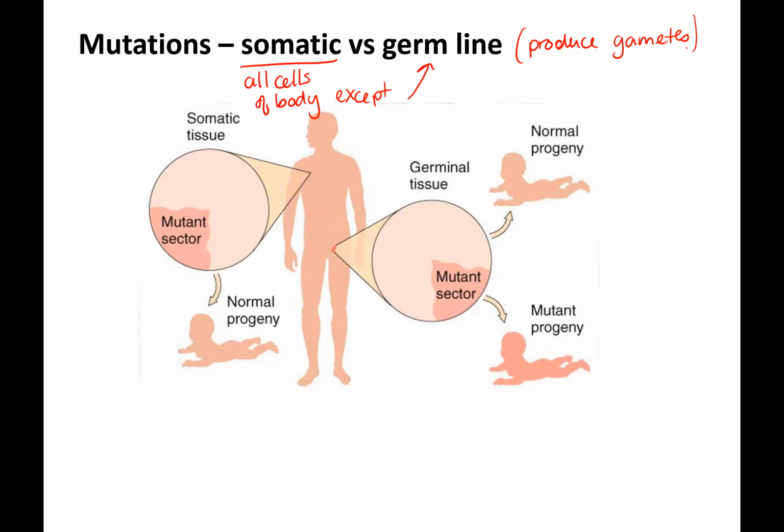It's not going to affect the next generation. A mutation in your germline, so your egg or sperm producing cells, is going to make mutations in the gametes. It's kind of sad to call your babies mutants, but I kind of think it's funny too. Who would call their progeny mutant? But you can understand that it's affecting the next generation.